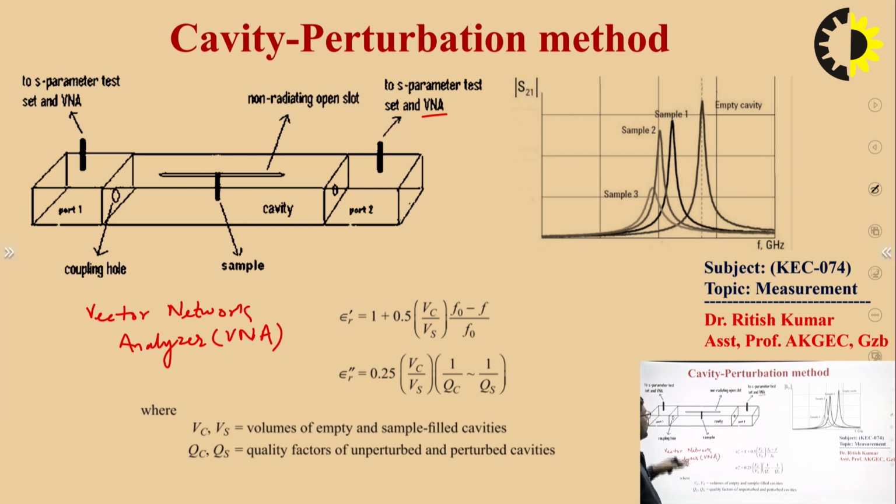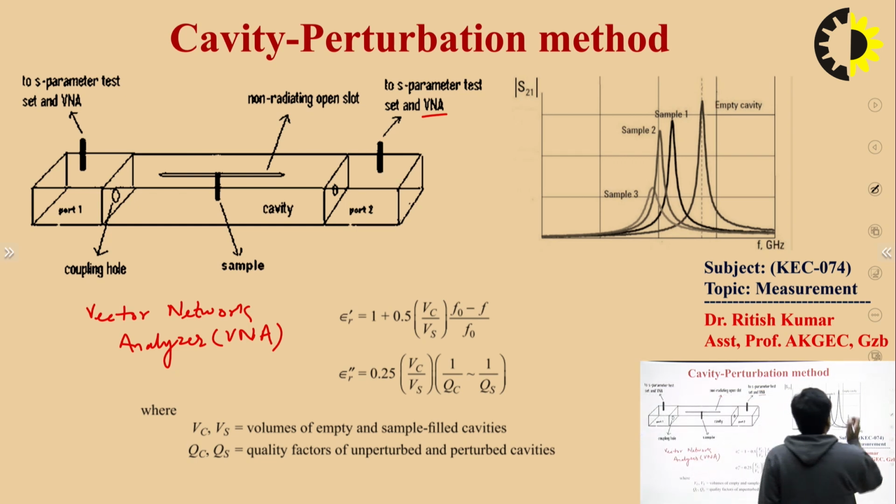Then you need to measure the resonating frequency by filling the sample in the slotted section. Then this resonating frequency is slightly shifted to some other location. Suppose this is f naught, then you will get f1 here, then f2 here, then f3 here.